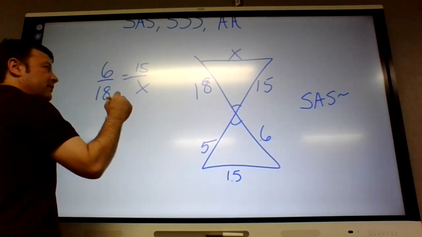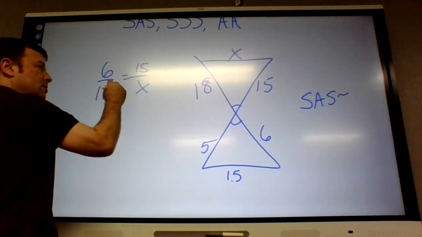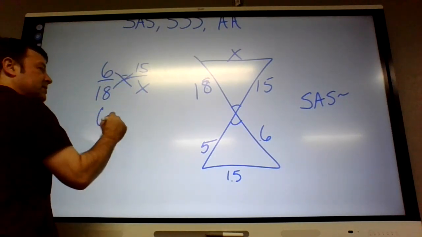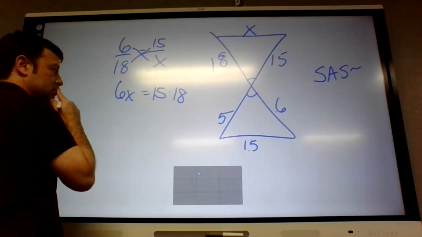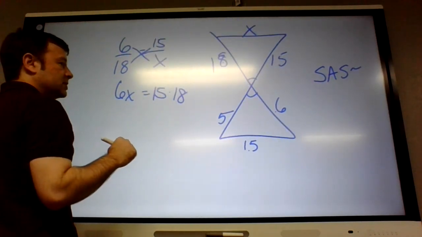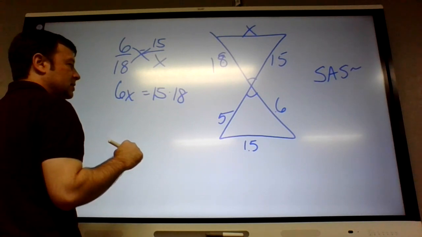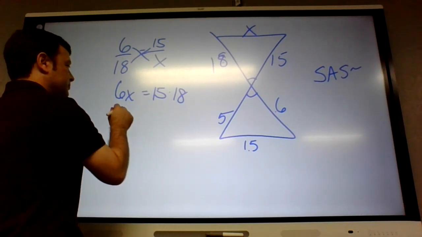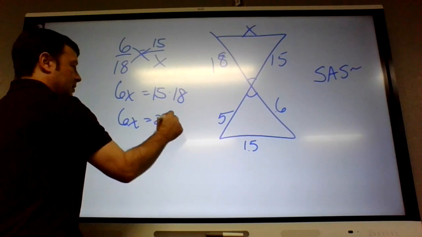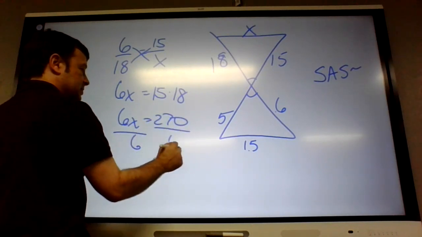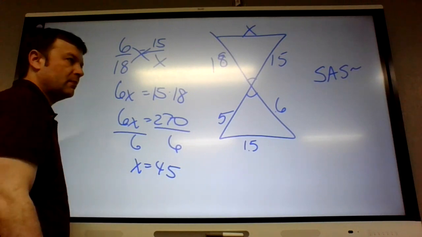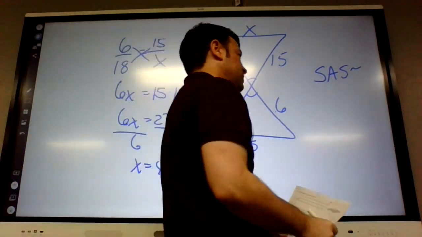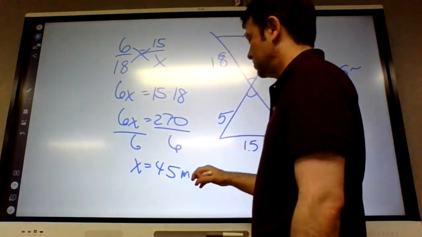And then how did we solve these way back in the day? Cross multiply. So 6x equals 15 times 18. Was that 270? Yeah. Divided by 6. 45 meters across the lake.